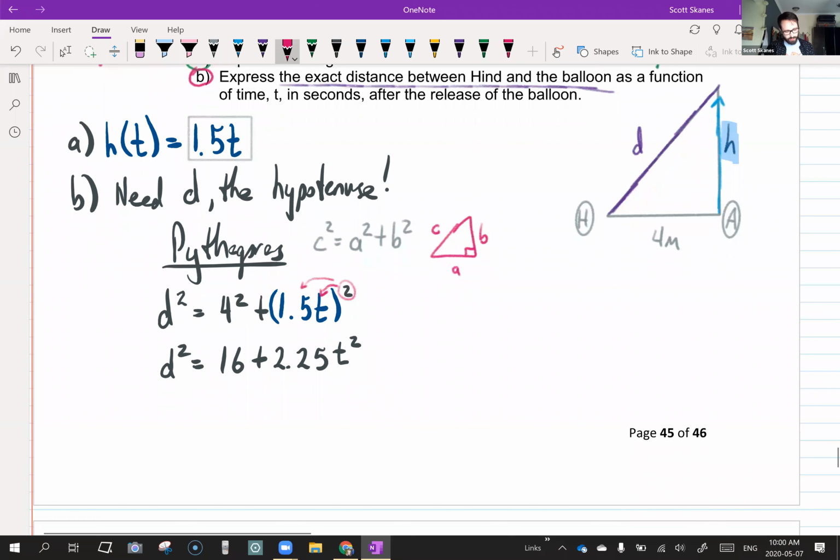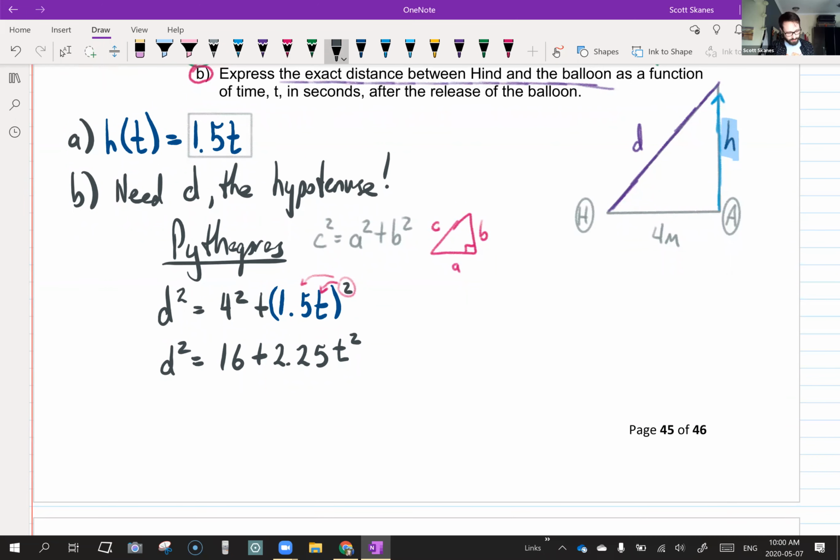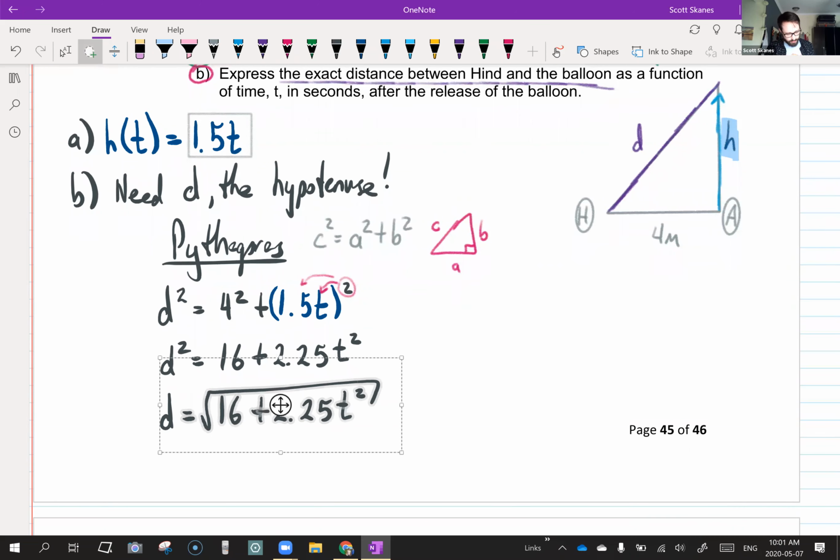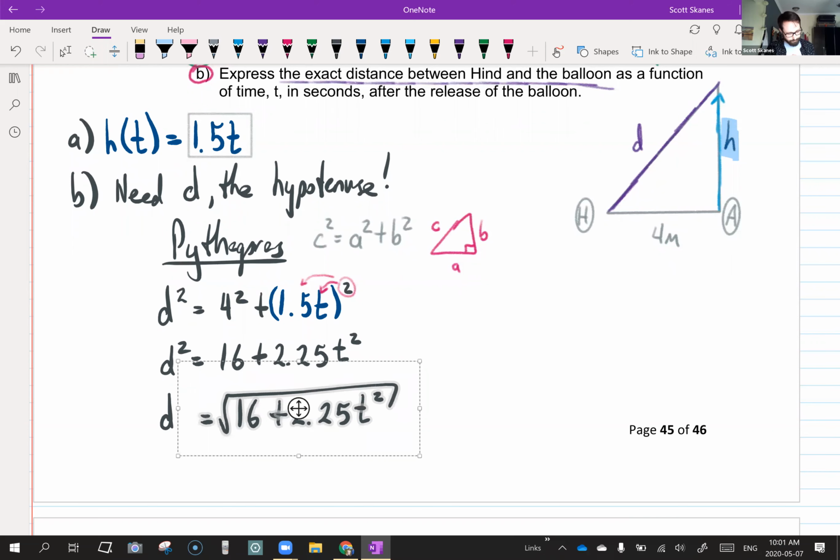And now we can rearrange this very simply. I'm going to get the root of both sides. And I've got my final answer. That is a function of time only, so I'll write the time. Oops.